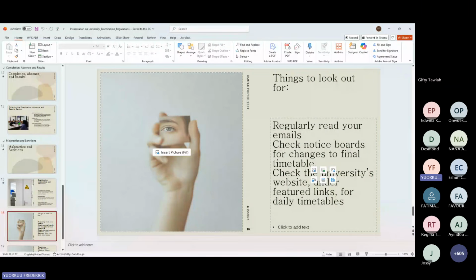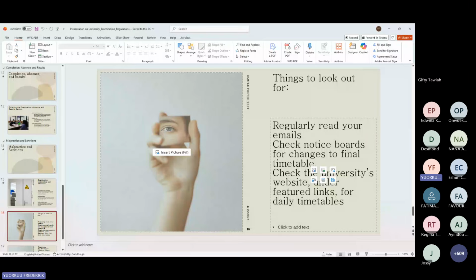Then check the university's website under featured links for daily timetables. So the daily timetable, as I initially indicated, is under the featured links. When you click on it, the dates are populated, then you will see the courses that will be written, the exact time that they will be written, the places that they will be written, and then the index number ranges where you fall within.